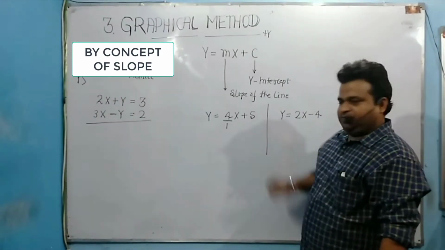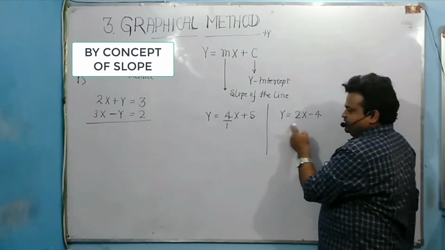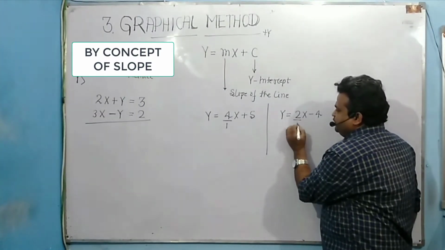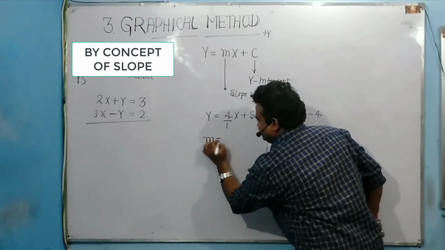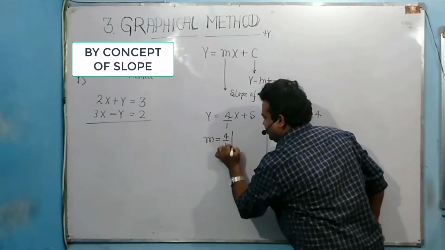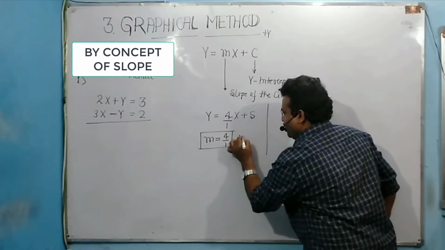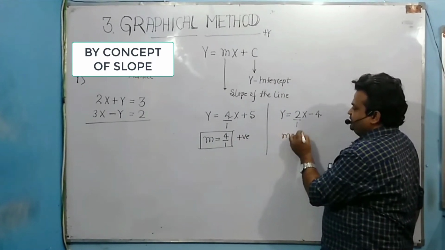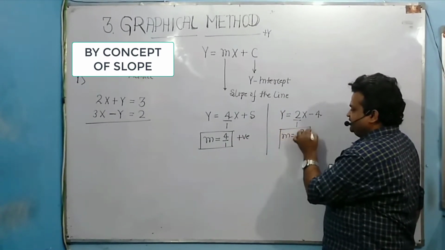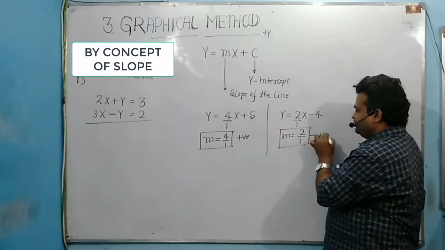And here, since there is no denominator, I can write 2 by 1. So this is my slope value in this case. M is equal to 4 by 1, which is positive. And here, my slope value m is 2 by 1, which is also positive.